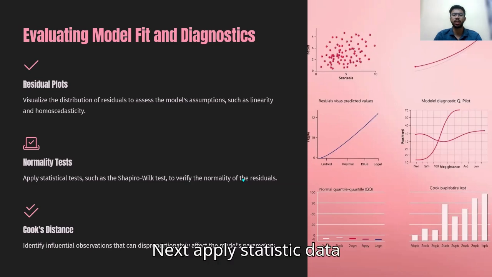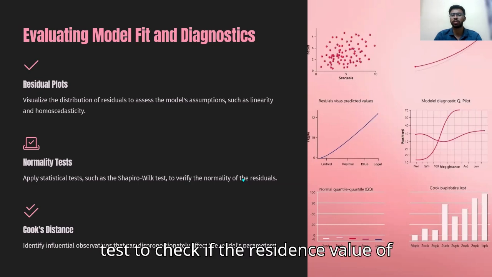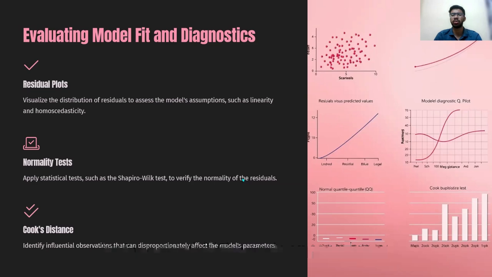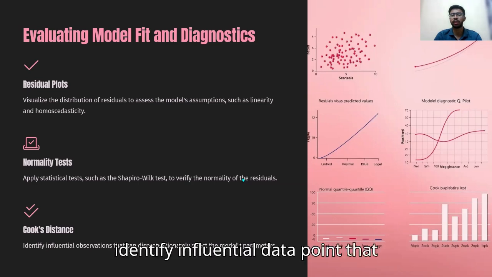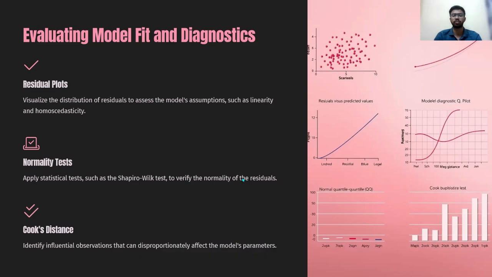Next, apply statistical tests like the Shapiro-Wilk test to check if the residuals follow a normal distribution, and use Cook's distance to identify influential data points that could disproportionately affect the model.